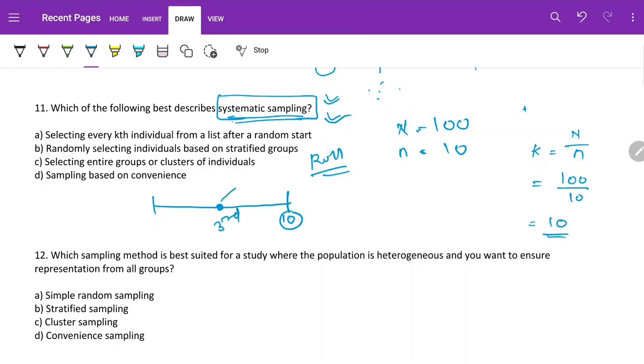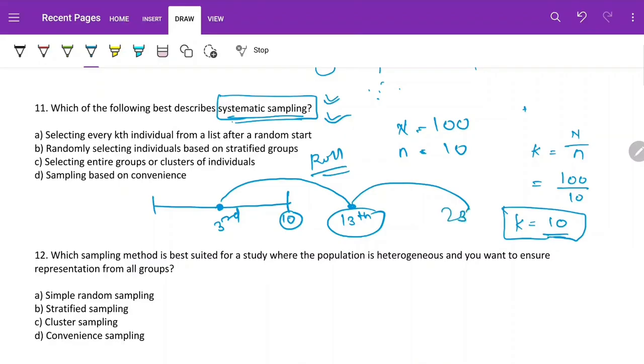And then every kth element is selected. Starting from third, k is 10. So every kth means the 13th roll number will be selected, then the 23rd roll number will be selected, and so on. The last member will be the 93rd roll number.